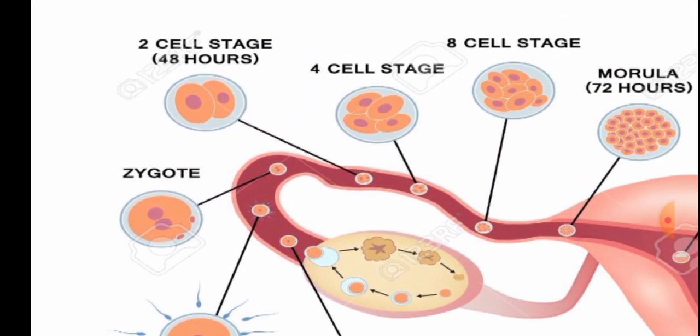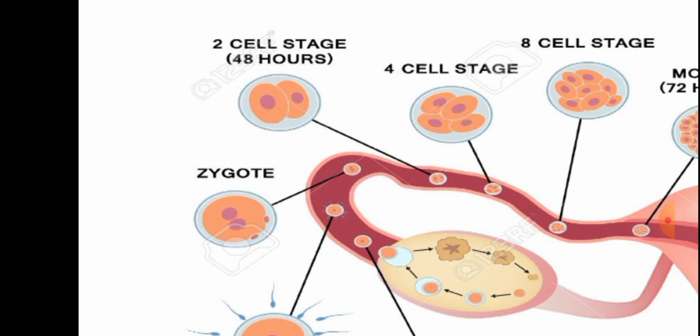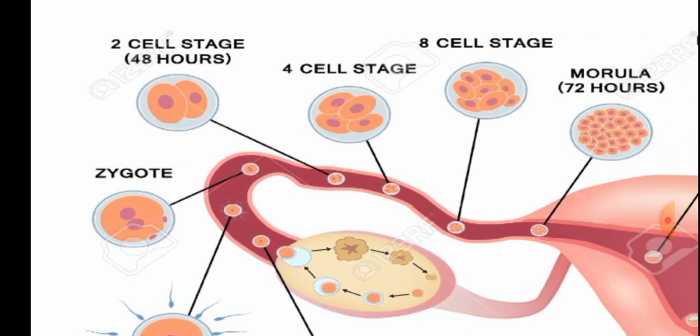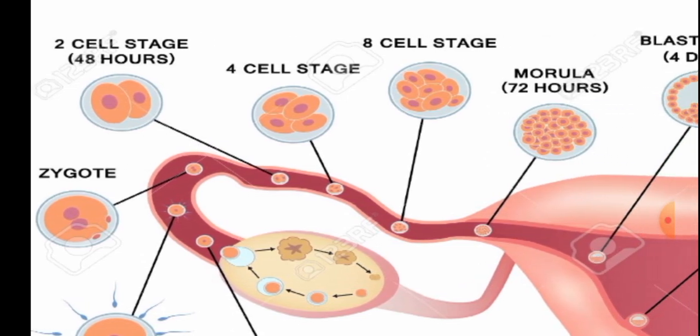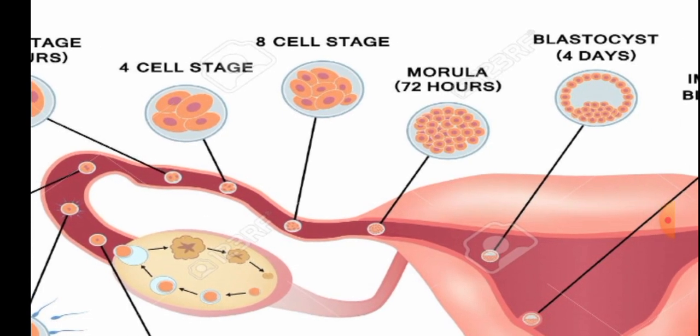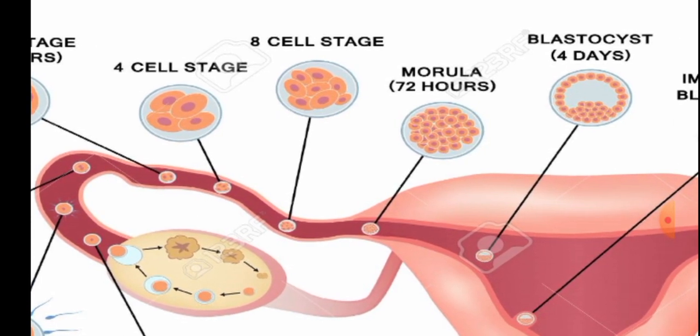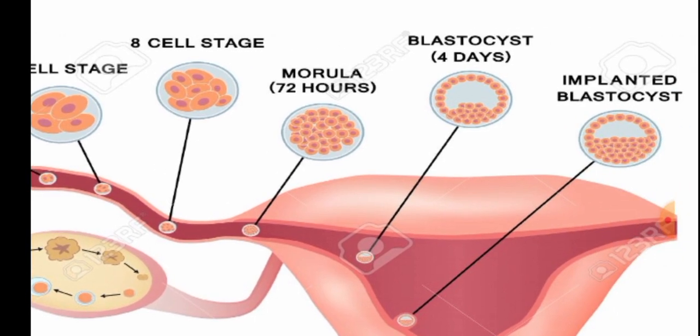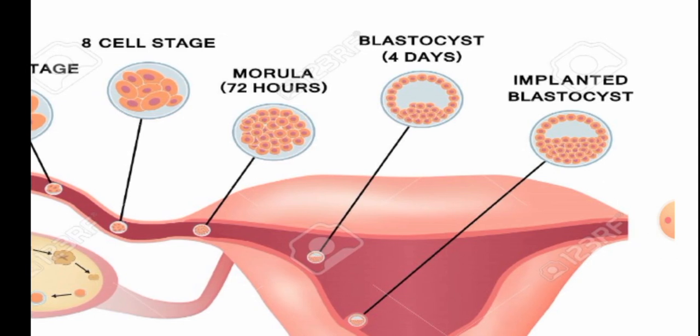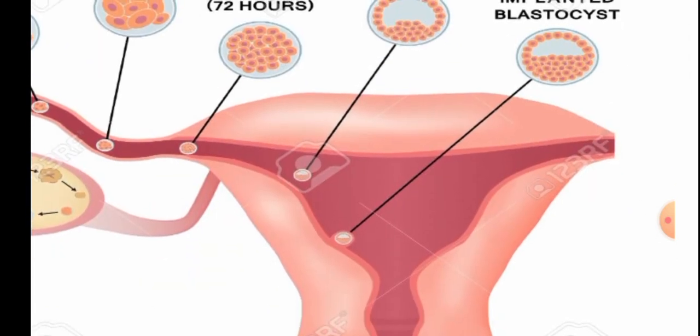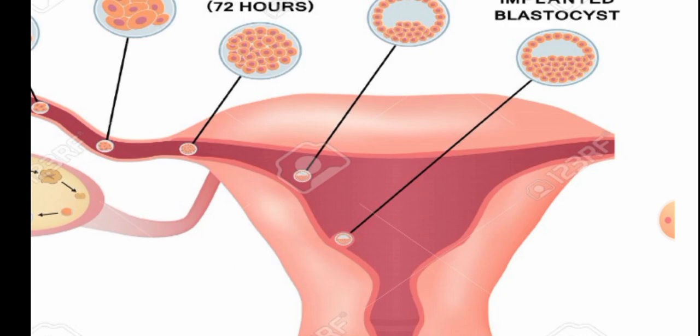The zygote will divide to form the two cell stage, then the four cell stage, then the 8 cell stage, and then it forms the morula, the 16 cell stage. This 16 cell stage will differentiate and form the blastocyst. This blastocyst later on implants into the uterus. This is how the process goes.